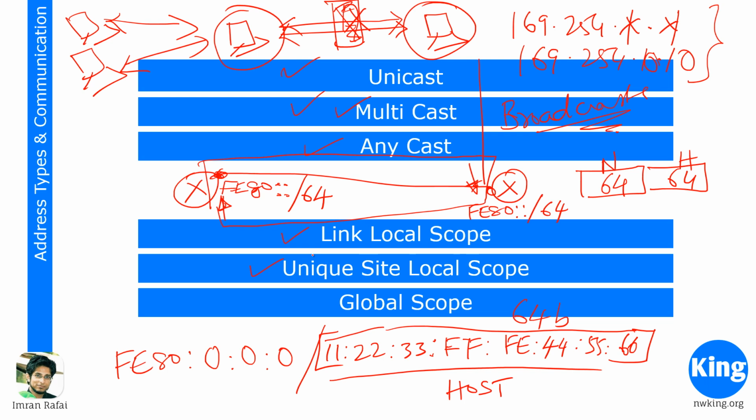NAT creates a lot of trouble, for instance, with VPN. The ESP protocol, for instance, has a lot of trouble with NAT. It's not part of our syllabus, so I'm not going to discuss much about ESP and ISAKMP. I mean, the IPsec protocol suite would love it if NAT was not there, because it becomes much easier.